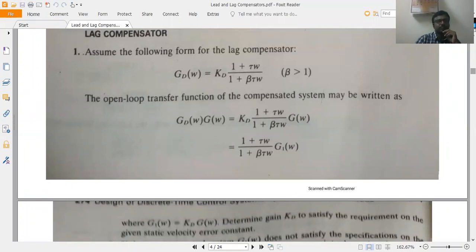So the open loop transfer function of the compensated system may be written as GD of w into G of w is equal to KD into 1 plus Tw divided by 1 plus beta into Tw into G of w, where KD into G of w is written as G1 of w.